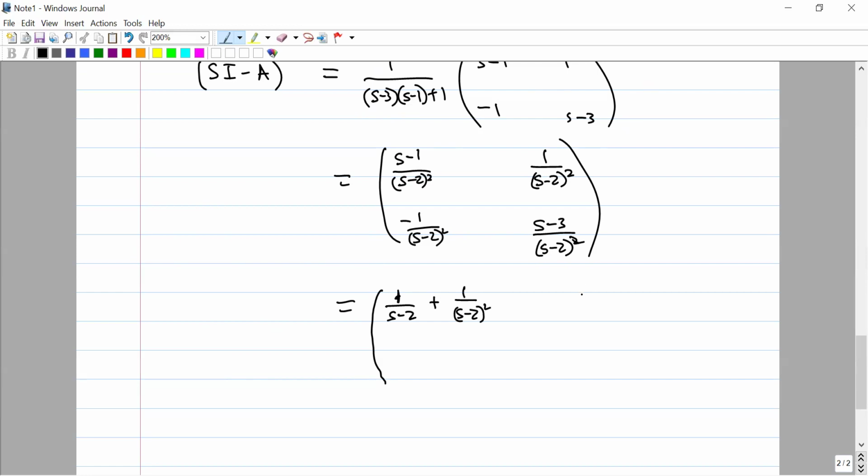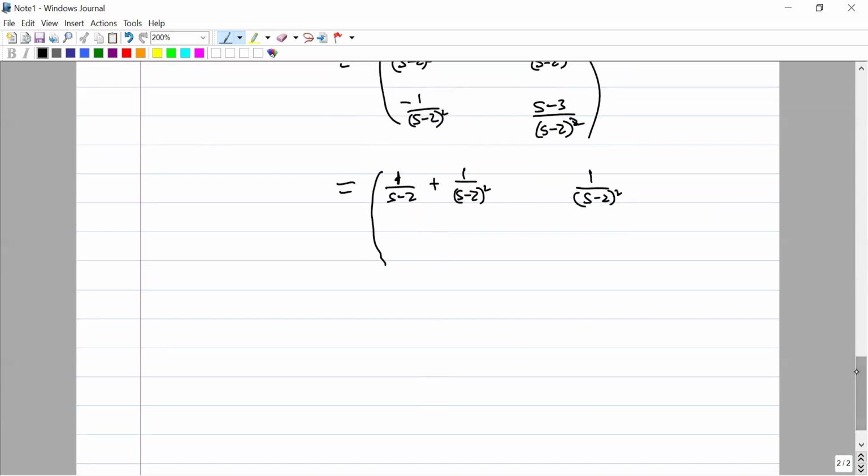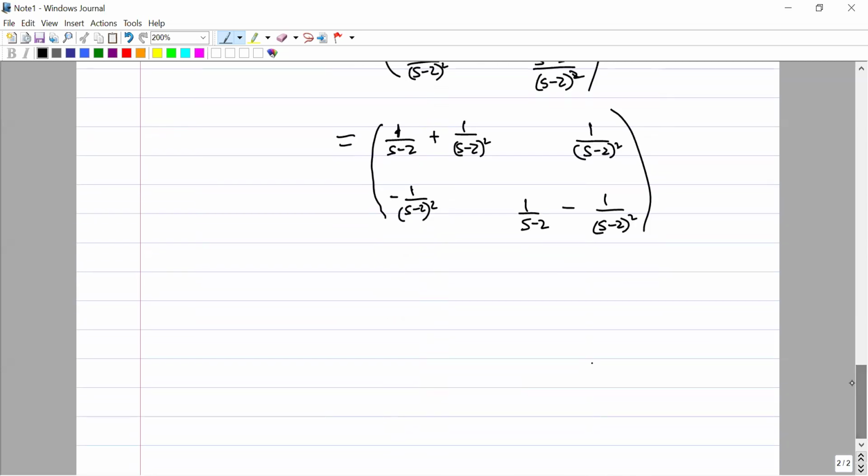And this one just remains as 1 over (s minus 2) squared. All right, then this one remains as minus 1 over (s minus 2) squared. And then this one would be 1 over s minus 2 minus 1 over (s minus 2) squared.